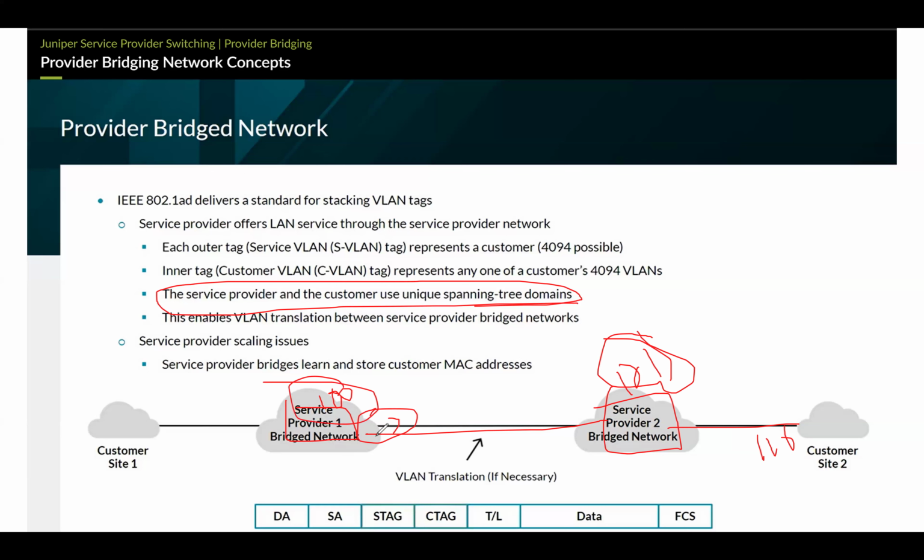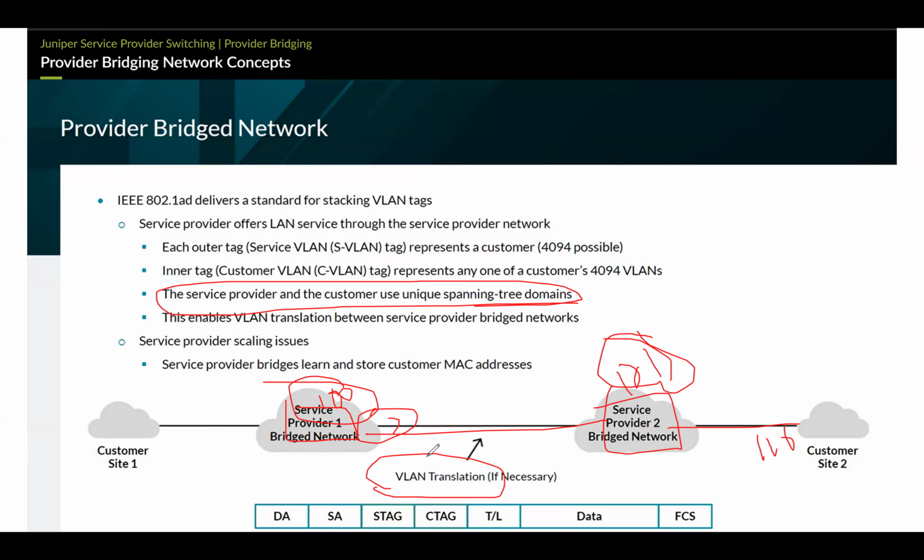So between service providers, you can translate the VLAN if necessary. Okay, if service provider 1 and service provider 2 use different VLANs, you can translate from one VLAN to another VLAN, or you can say rewrite.